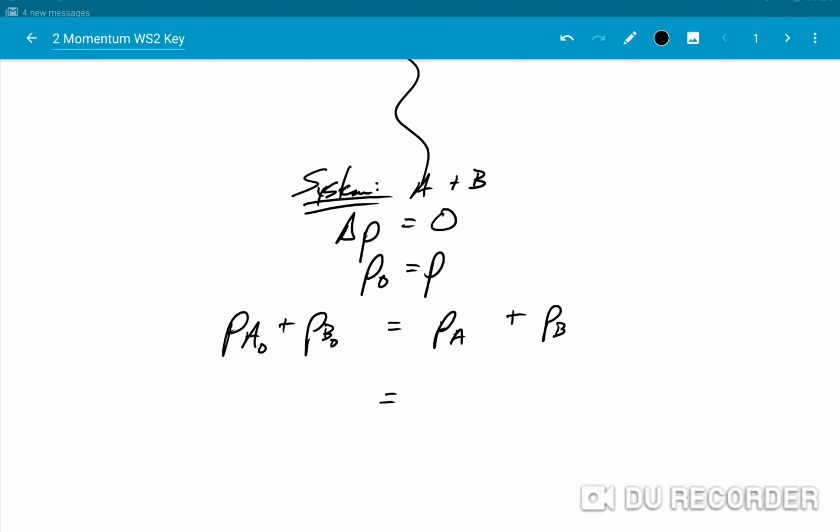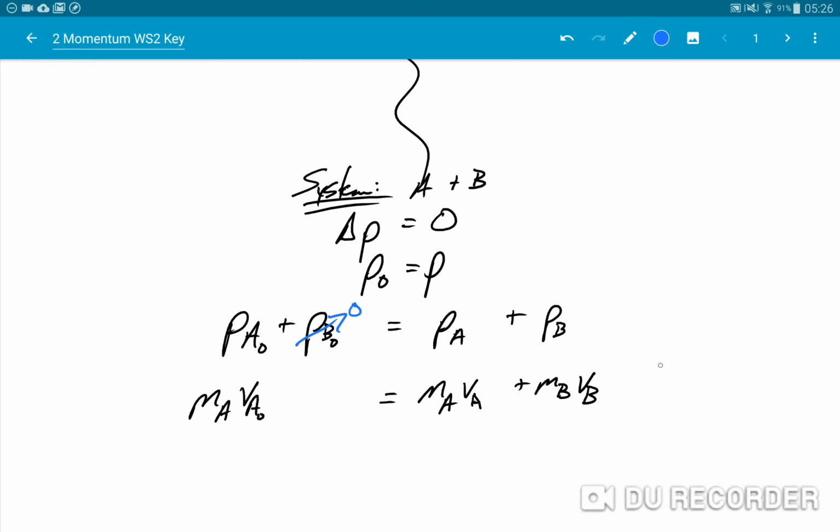So first, let's put in some values we know. The velocity of this guy is 0, so it's going to have 0 momentum at the beginning. This is the mass of A times the velocity of A at the beginning. This will be the mass of A times the velocity of A at the end, and this is the mass of B times the velocity of B at the end.